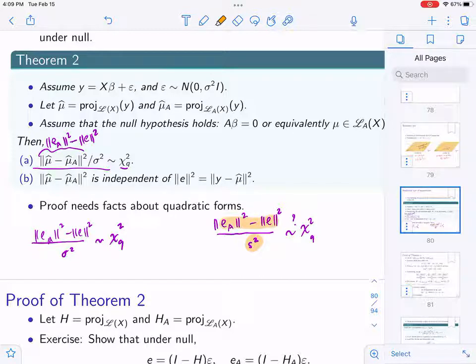Even if it's not dependent, I'm dividing by a random quantity, and whenever you divide by a random quantity, you change the distribution, a nonlinear transformation. In particular, this could be very small. So you'd expect whenever you divide two random variables, your distribution gets heavier tails, because it could become large with higher probability. If you divide by something very close to 0, it's more likely that I would get larger values. So generally, these things would have heavier tails. That's the thought. So how do we determine the distribution of it?